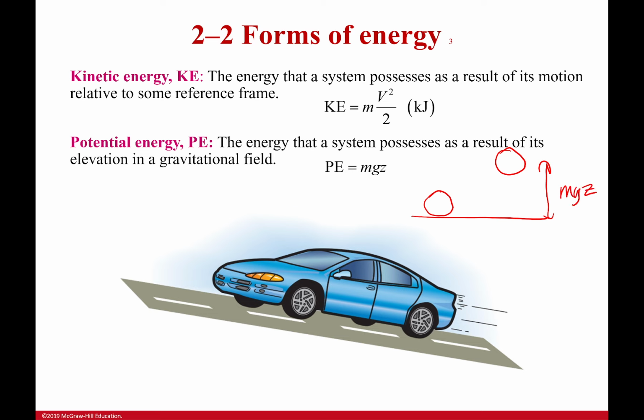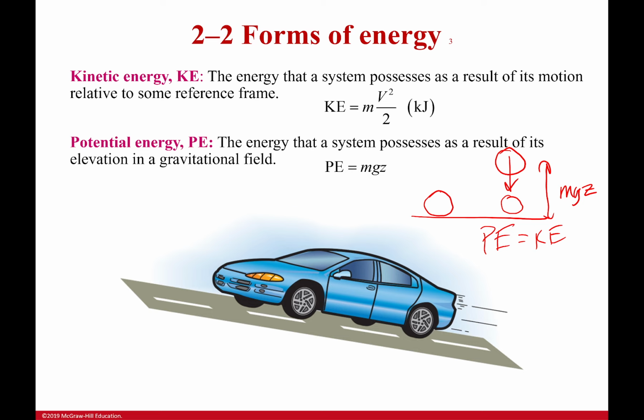It has a potential for movement. If I let go of it, it will fall, and if it falls, I can maybe do something useful with that energy. And interestingly enough, if I got rid of all the air resistance, all the friction, anything that might get rid of energy, and I were to measure my ball's kinetic energy just before it hit the ground, I would find that that potential energy actually equals that kinetic energy.